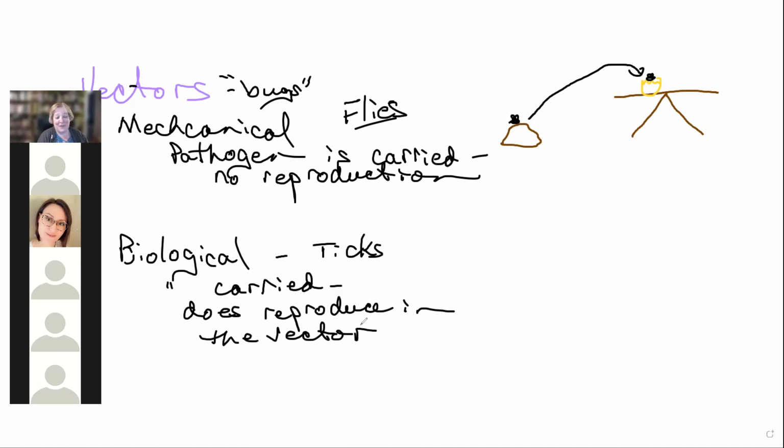But they're biological. They're an example of carrying the pathogen within them, and the pathogen replicates within them. So let's talk about Lyme disease. Here we have a cute little mouse. Actually, Mickey is a Hollywood mouse. He would not ever come in contact with Borrelia burgdorferi, which, by the way, is one of the more fun names to say.